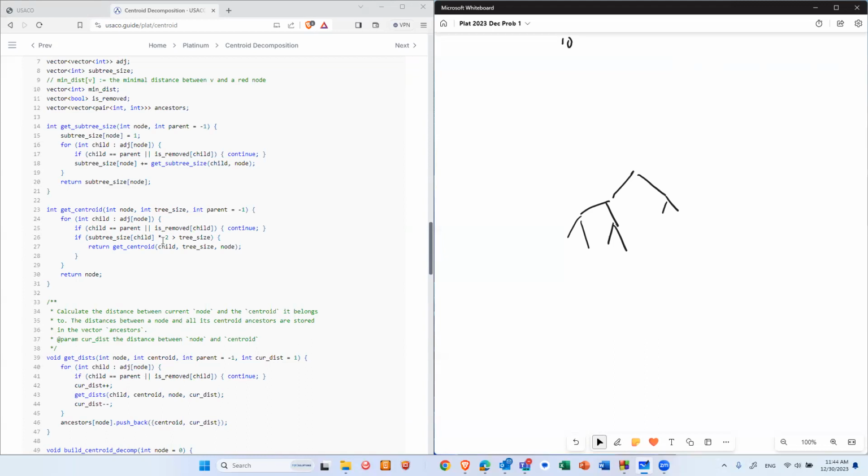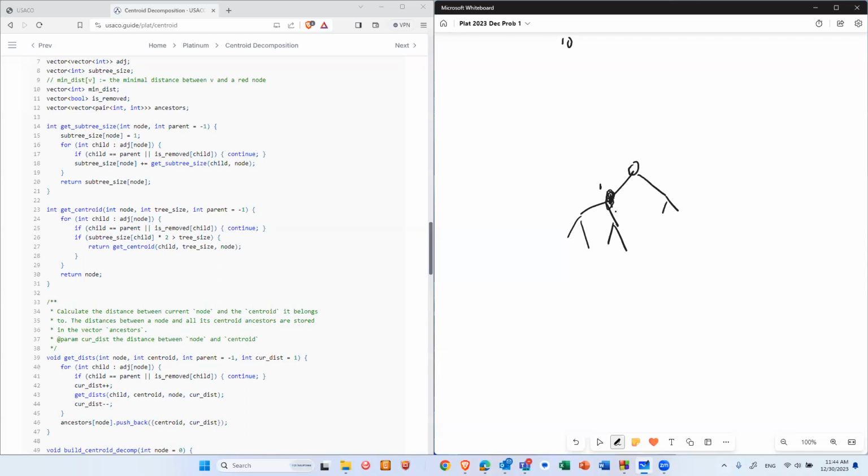If the size of the subnode is more than the other side, for example, if I start from here, obviously this side has many more nodes than this side. Then I go here with DFS, then I go here, okay. Then I find, oh, this side is roughly the same size as that side. So that's my level 1 centroid.